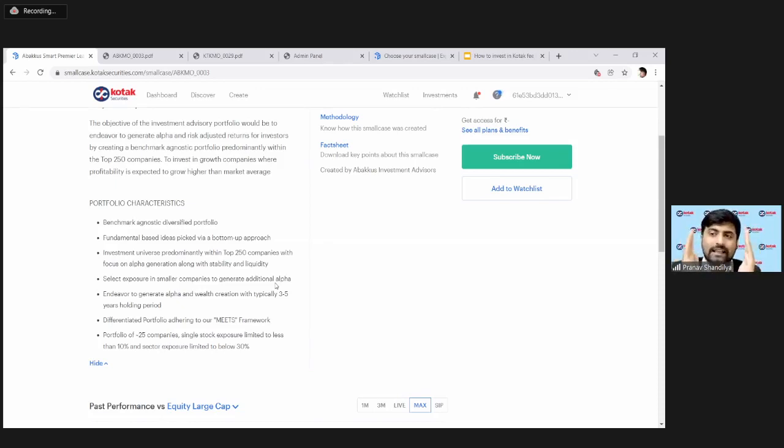The next E stands for earnings. Earnings means they are investing in those companies which are consistently increasing their earnings quarter on quarter and year on year going forward. The next E stands for events. Events means that this set of stocks is picked in such a way that they're not exposed to unwanted events happening in the industry.